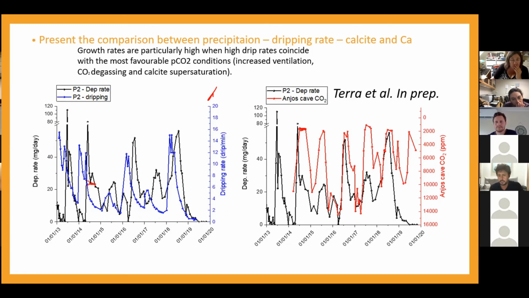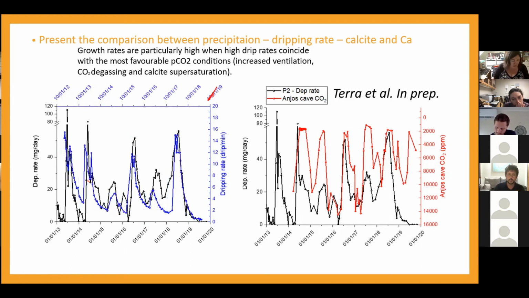Of course, this is inverted, so we can precipitate the calcite. This is so similar that if we just apply a little lag in the deposition rate, you see a good fit between the annual variation of the dripping rate and the annual variation of calcite precipitated. I mean, the amount of water in the system.